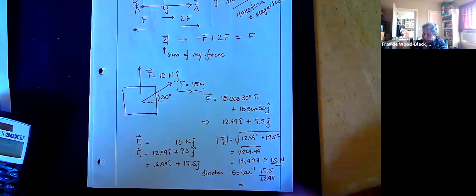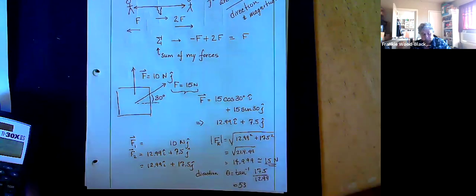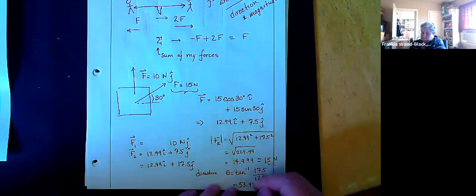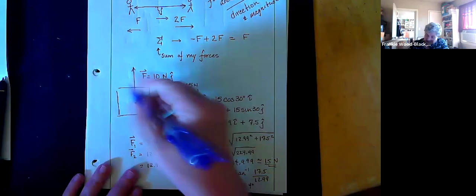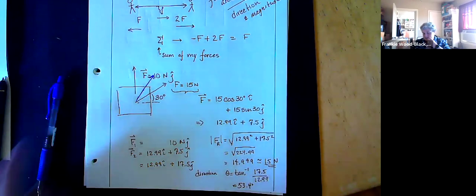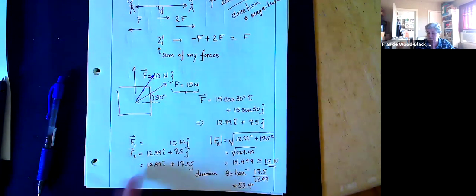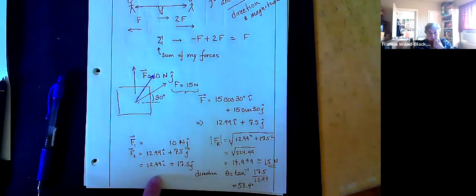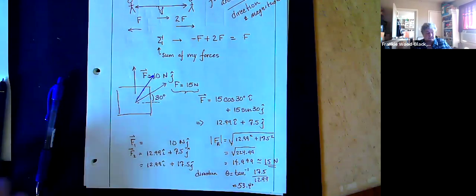And that says that that's going to be 53.4 degrees. So my resultant force on this box is going to be somewhere right in through here. So this particular homework problem was just a force addition problem, but we could actually do this initial force addition problem.